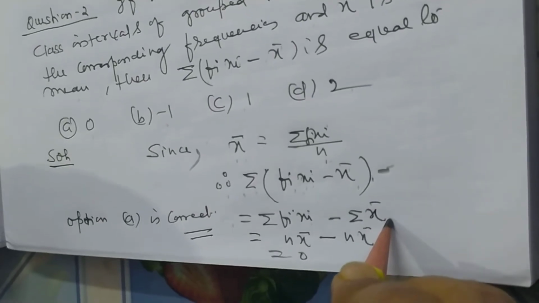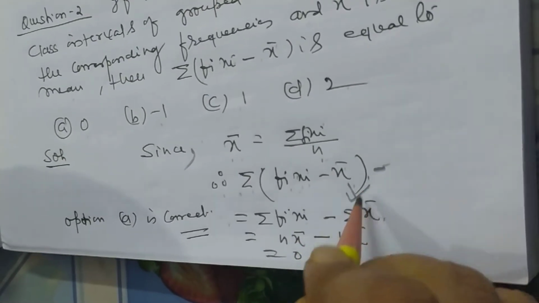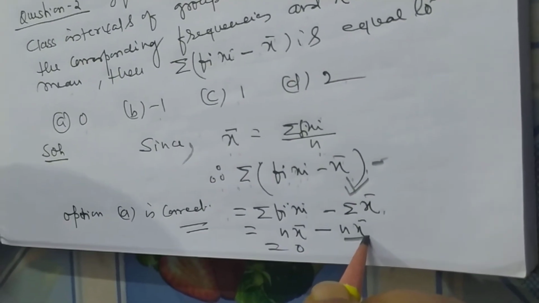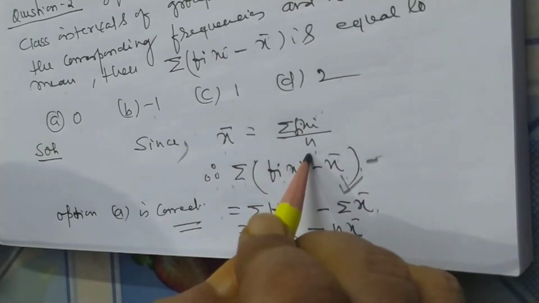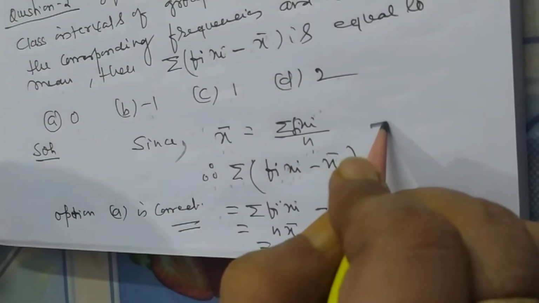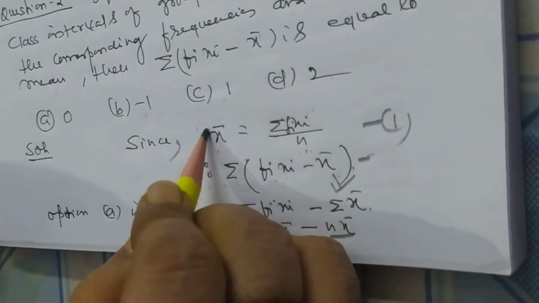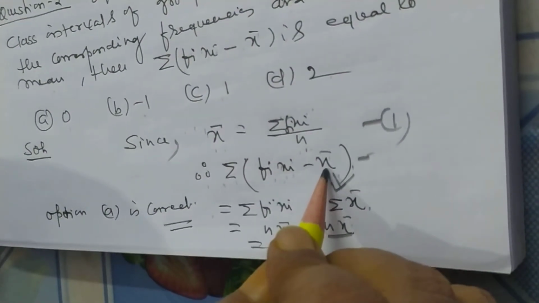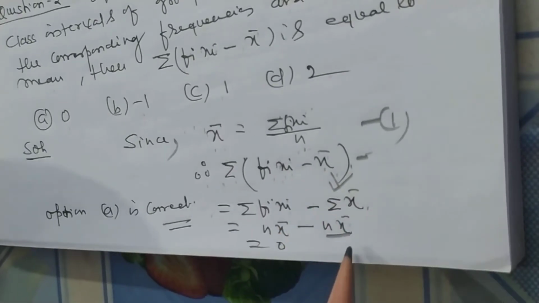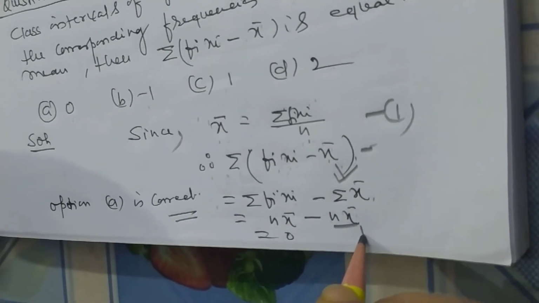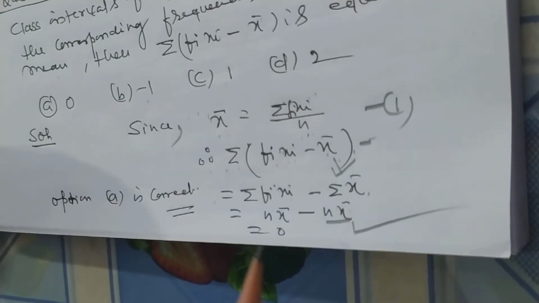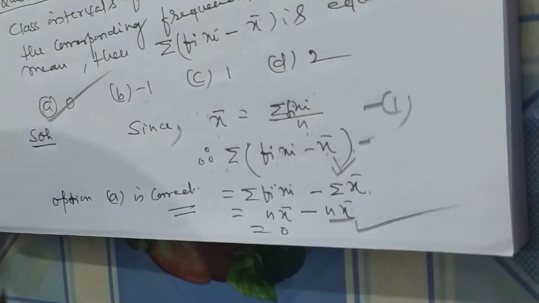Since they are n observations, sigma x bar means n x bar. And sigma fi xi is equal to n x bar from this equation. So n x bar minus n x bar is 0. Students, option A is correct.